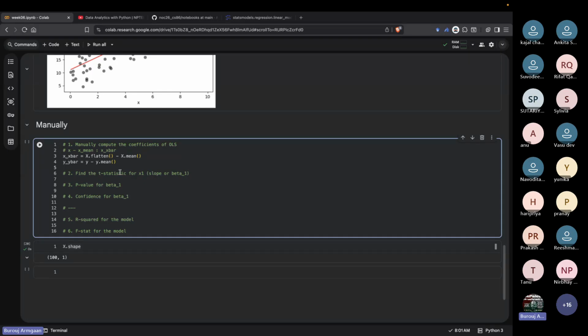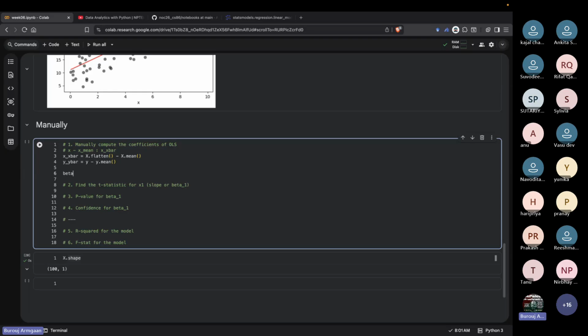Based on this, if we would like to compute our beta 1 and beta 0, we know that we can do it like this. Beta 1 is equal to the summation of x minus x bar multiplied by y minus y bar, divided by the sum of x minus x bar squared.